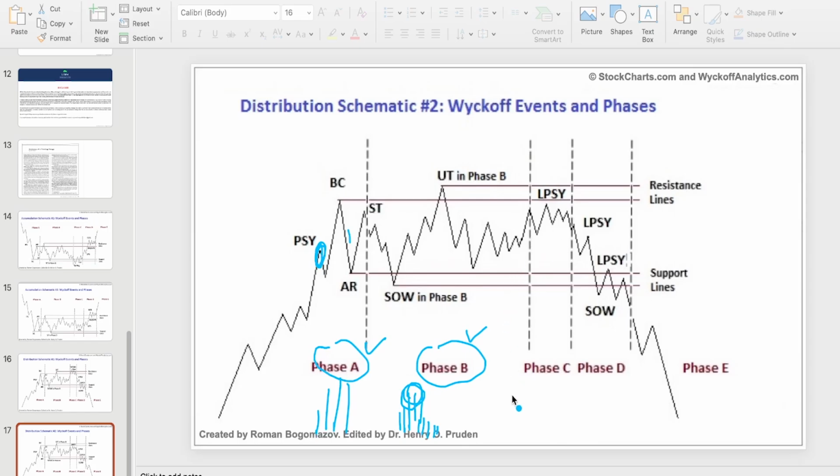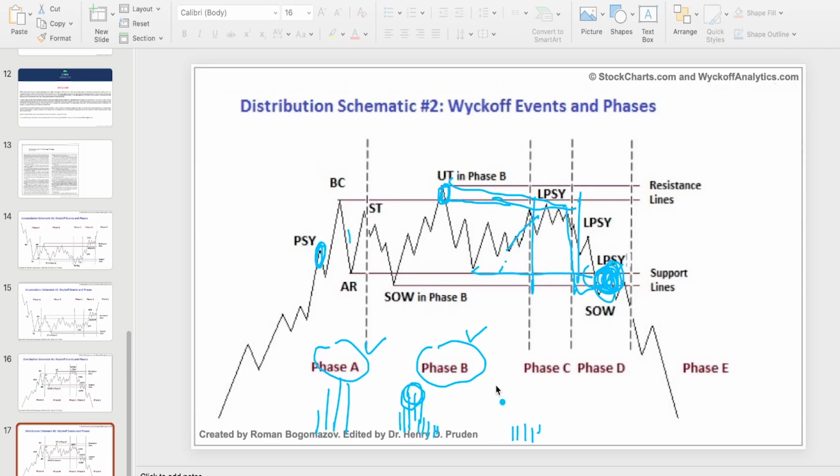And then in phase D, you're going to see a weak rally to the upside that is going to get rejected by this selling zone created by the upthrust in phase B. If it gets rejected at that selling zone and causes a change of character to the downside, that's going to define your phase D. That means we're not going to have a phase C, and we're not going to initiate a position when price comes back to the last point of supply before we go down.